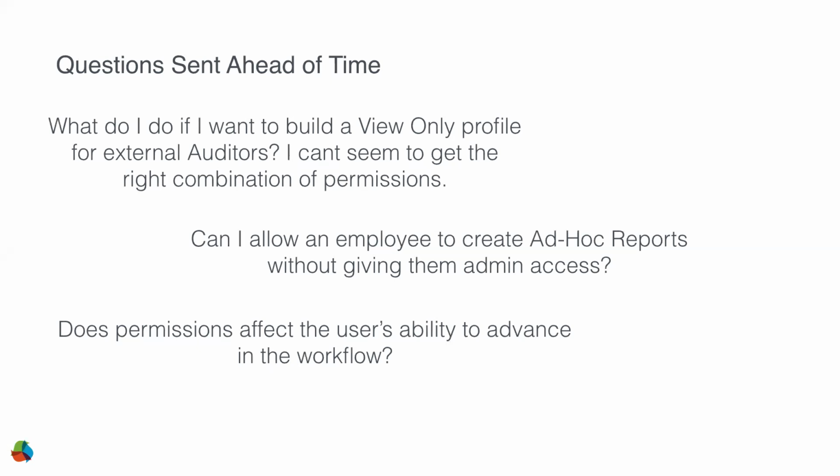Sure. So by giving them the admin role, they should be able to delete. But this approach isn't exactly what we would call our best practice. Essentially, just because a user can't do something doesn't mean that we should just give them the admin rights.